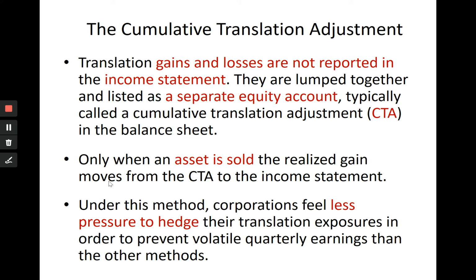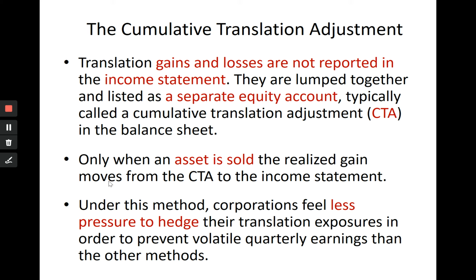Cumulative means we added up or subtracted gains and losses that came from translation every year, and this is an adjustment account that lowers or increases the owner's wealth or owner's equity in this multinational company, and it goes in the balance sheet. Only when an asset is sold, the realized gain moves from the CTA to the income statement, and of course, if we sell the company, this happens too.